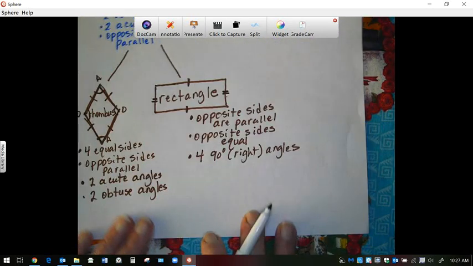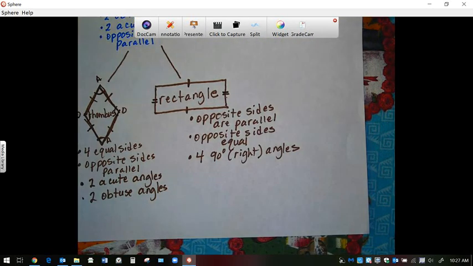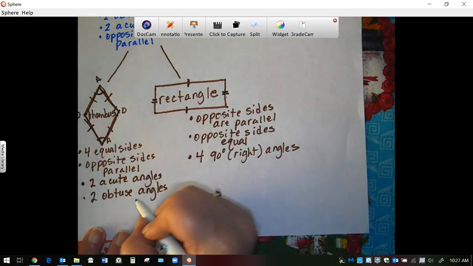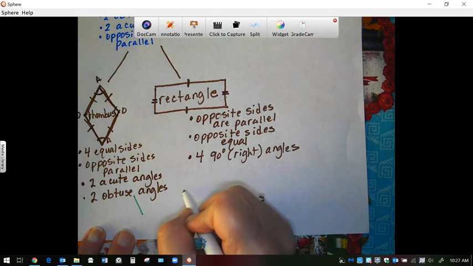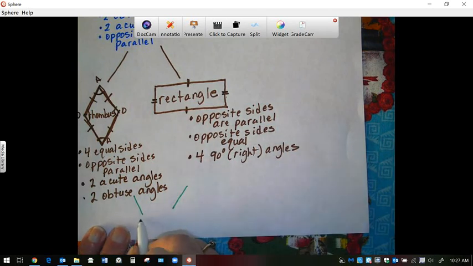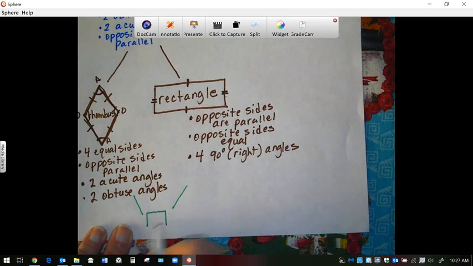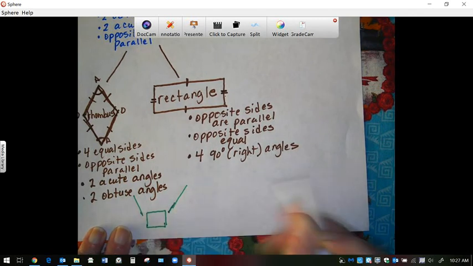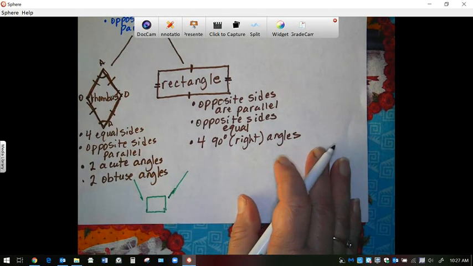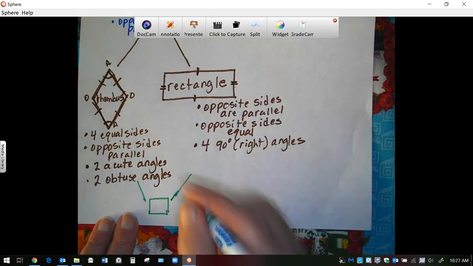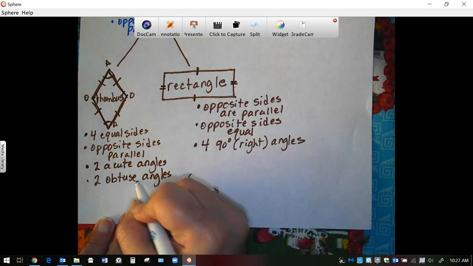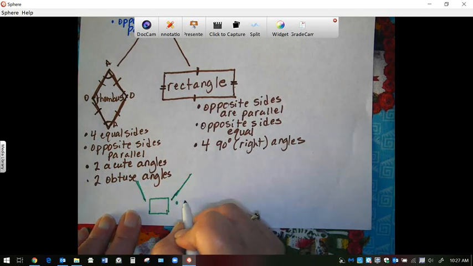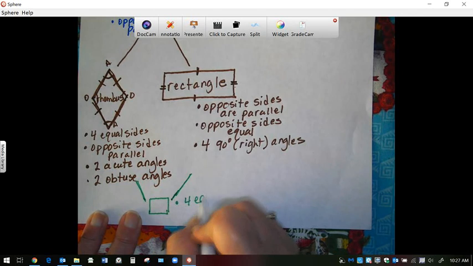Okay, so both of these shapes, the rhombus and the rectangle, are related to the square. That means that they all share similar qualities. Alright, so the few things that we know about a square is that it has 4 equal sides.